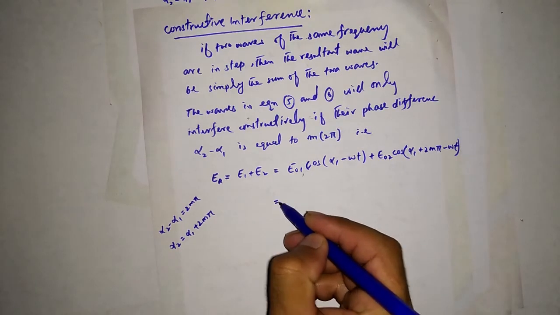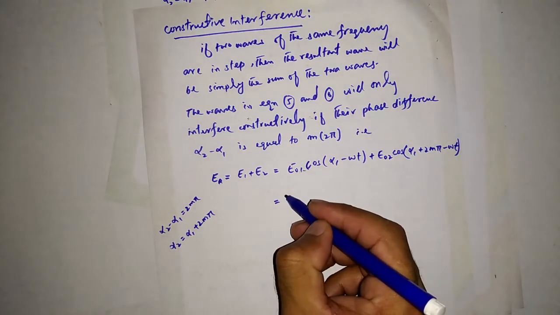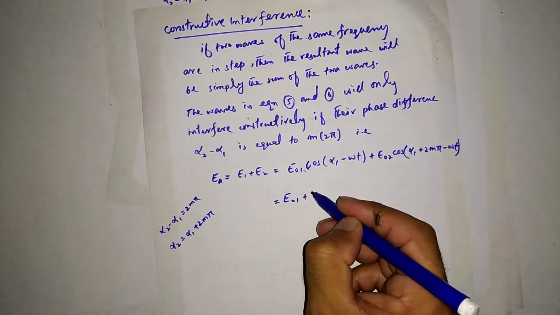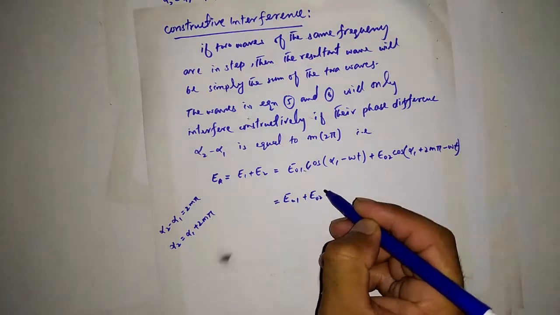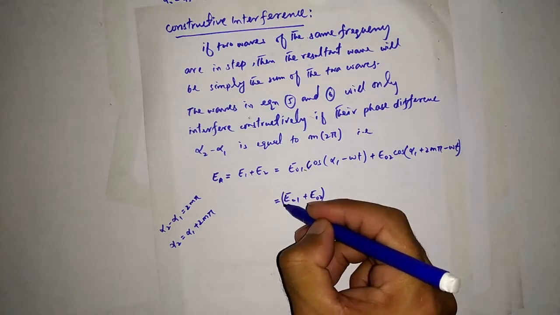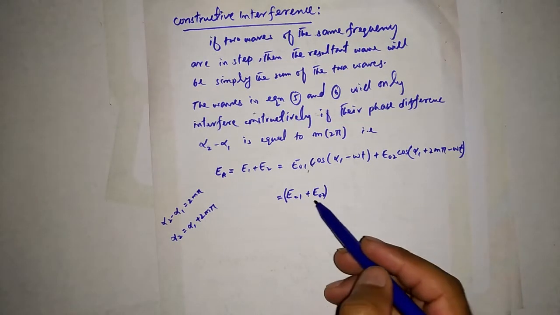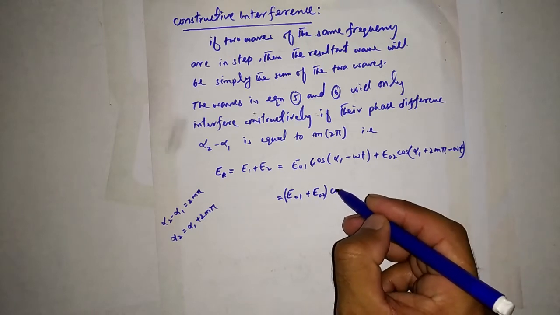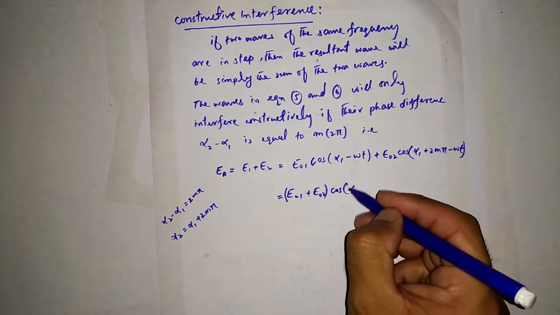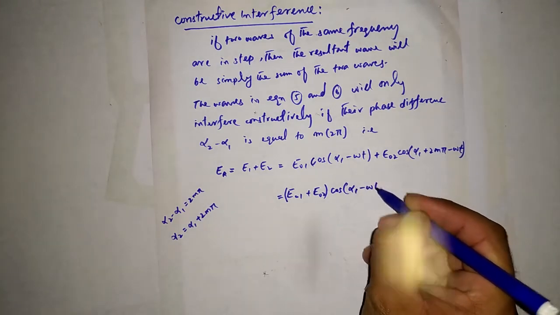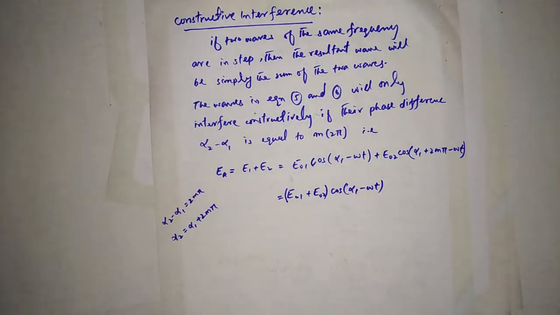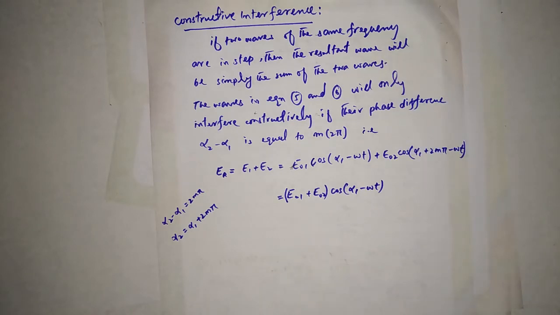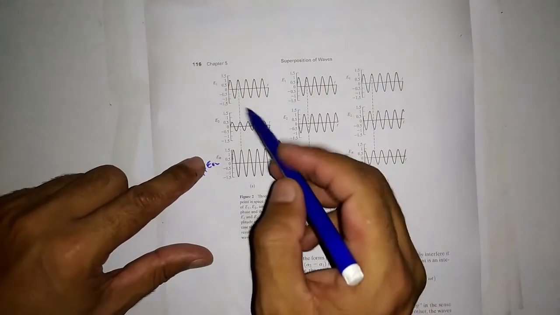So this will now be equal to E01 plus E02, as you can see, their amplitudes are simply added, into cos of alpha 1 minus omega t. Clear? And in the diagram it is shown here in this figure.